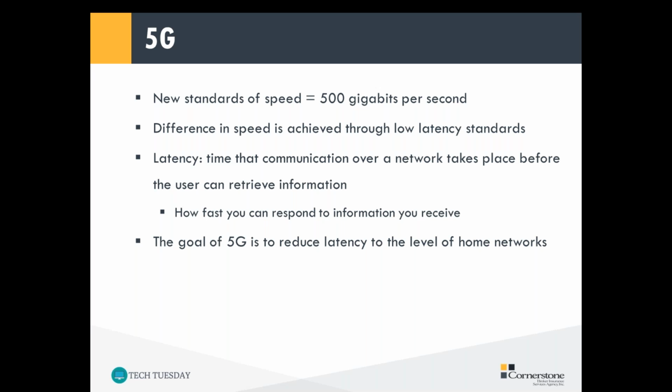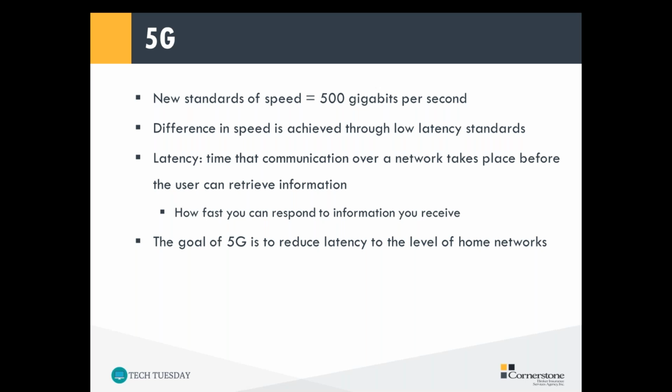It's ludicrous. The difference is achieved through low latency standards. And latency is the time that communication takes place over a network before a user can retrieve information. So it's not trying to get the waves to send information faster, it's about the computer processing that faster. So how fast can you respond to information you receive is really a good definition of latency.